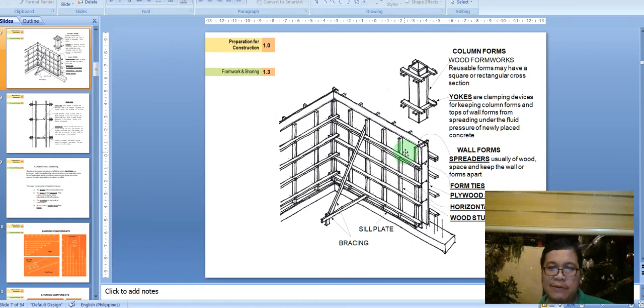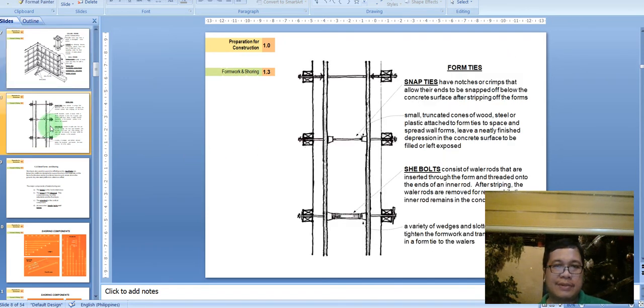But when you use phenolic boards, when you remove the forms, it will have a very smooth surface. Okay, but phenolic boards, they are like steel forms, steel shoring. It's quite expensive at first, but the value comes when you're able to reuse it for multiple projects.